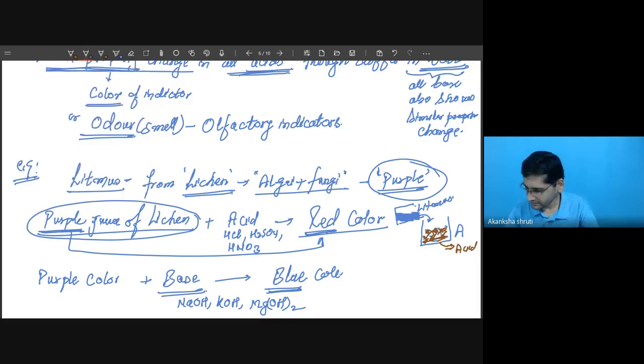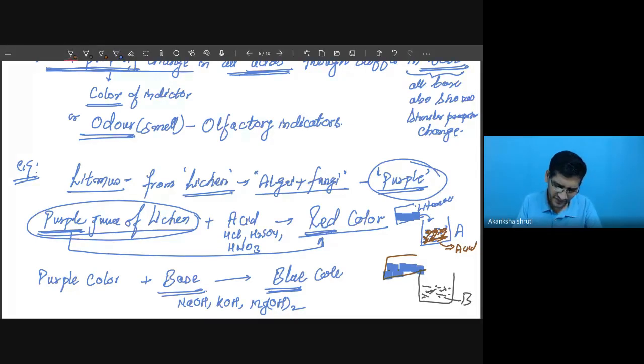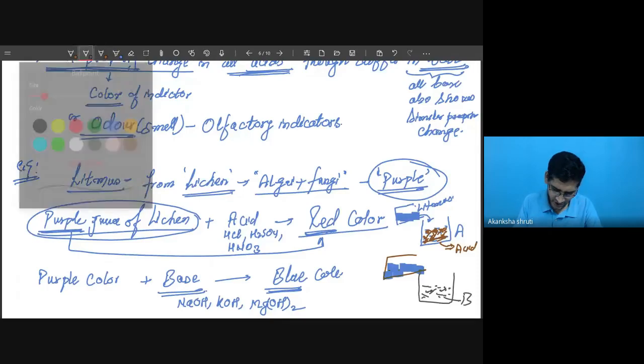But there is a chance that the chemical you are taking, let me take it with this color, is the unknown chemical B. In this, now you are going to add this indicator. This time you will observe that the color changes to blue.